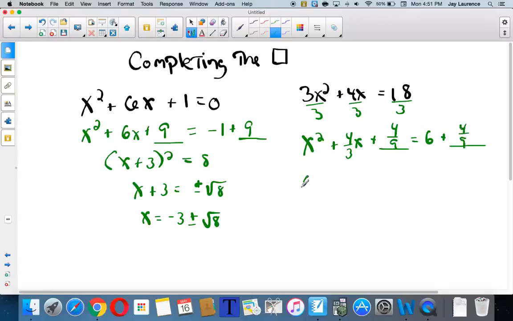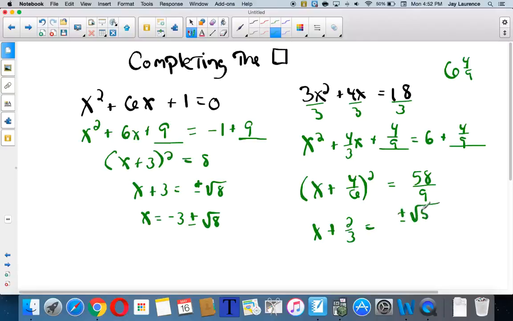All right, so this is a perfect square trinomial, x plus 4/6. If you want it to be 2/3, you go right ahead and turn it into 2/3. All right, 6 plus 4/9 is going to be 6 and 4/9, but 54, 58. How about 58/9? All right, I take the square root of each side, x plus, I'm going to simplify that, 2/3, and that's going to equal plus or minus the square root of 58/3.